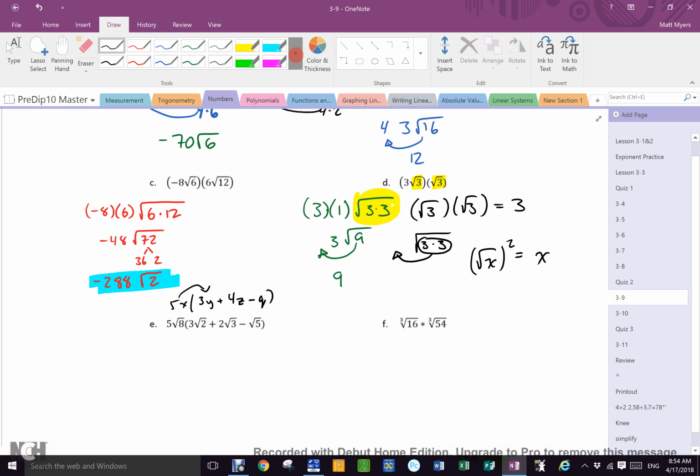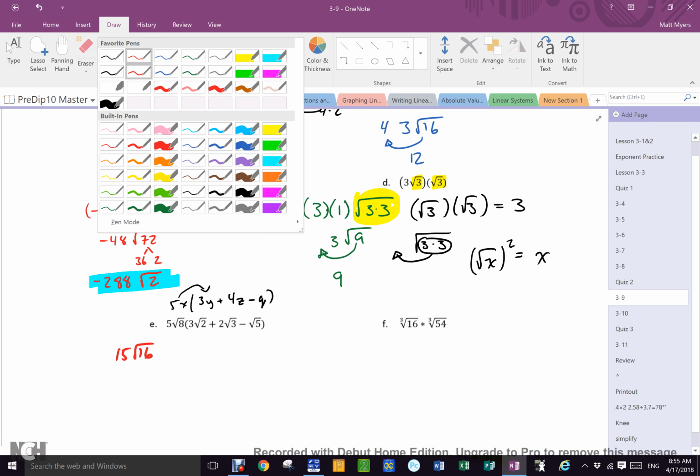Our first one, we pretend that none of this is even here. You know how to do that. We've just done it 4 times, correct? What is it? You don't have to write the long way anymore. I'm trusting you. 15 root 16, correct? Okay? What's the next one?